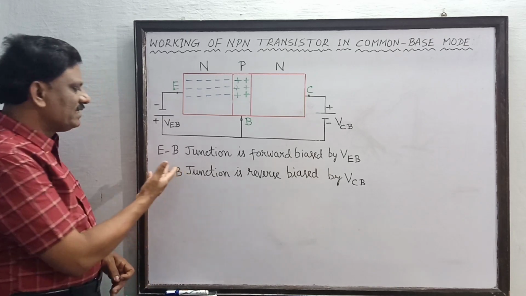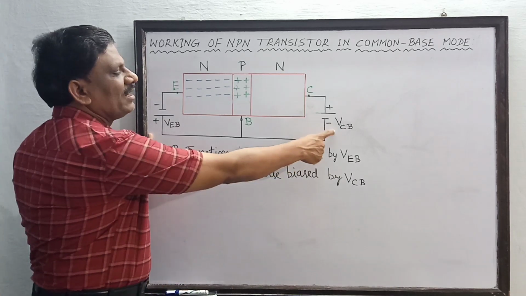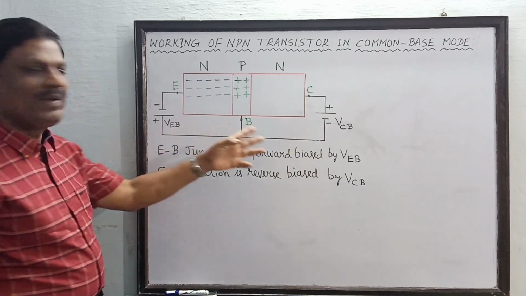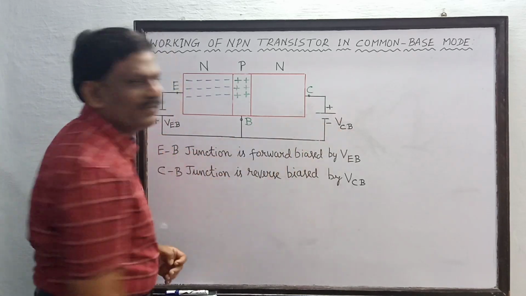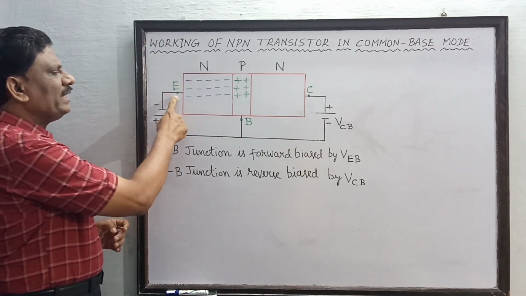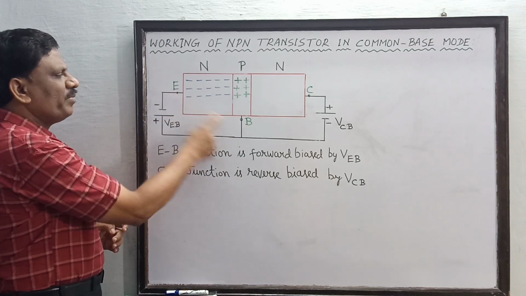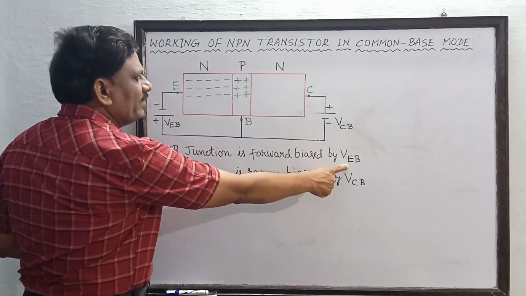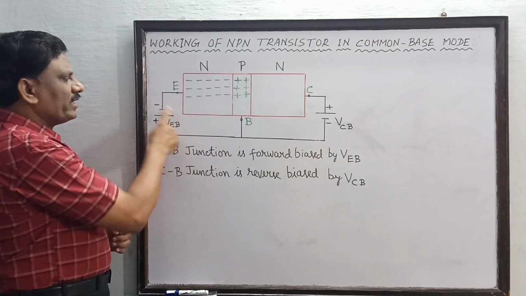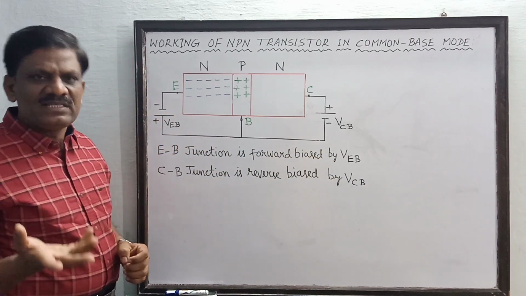You can very well see here, for that two batteries are being used. They are the supply batteries, namely VEB and VCB. Now the emitter base junction should be forward biased and that is done by the battery VEB. So what is forward bias? We have already studied.